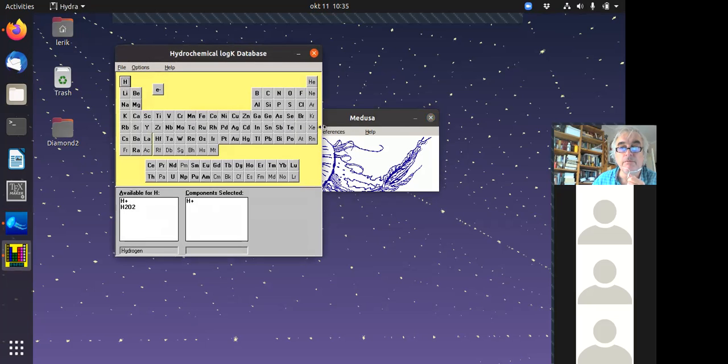So we should have an electron, because we want to do a predominance diagram or a Pourbaix diagram. What element are you interested in? Not iron or sulfur, maybe? Uranium. That is not uninteresting.